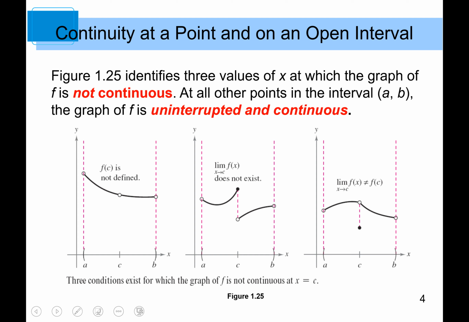Okay, so let's first of all take a look at three different types of discontinuous scenarios. First of all, continuous or discontinuous, it's the same thing as discontinuous.